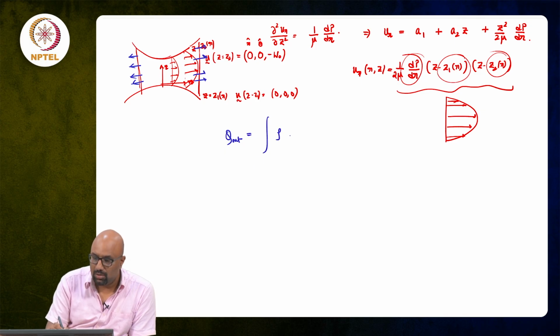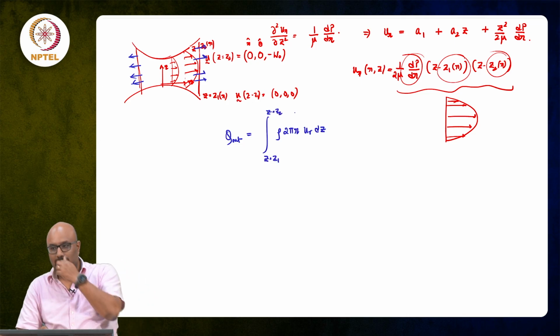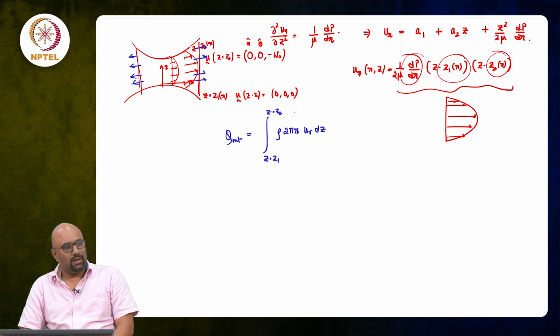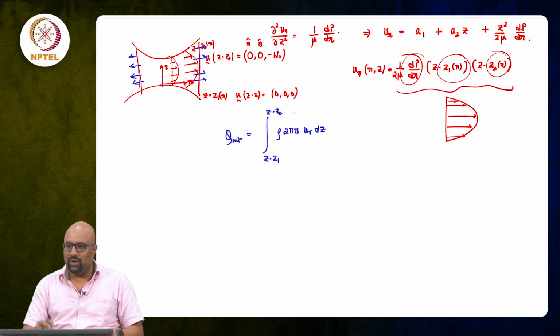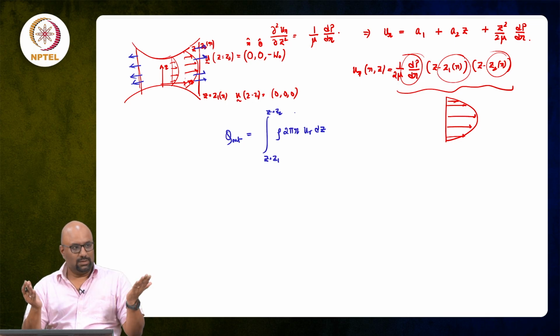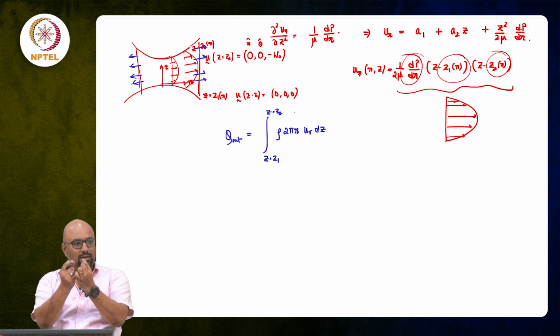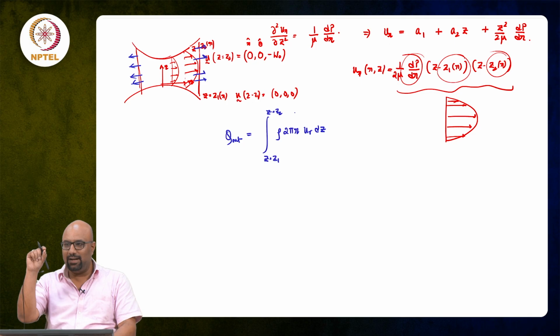Rho 2 pi r u r dz, with z going from z1 to z2. On that surface I have a radial velocity which is going outward. So, I take a small cylindrical strip of height dz at a radius r.